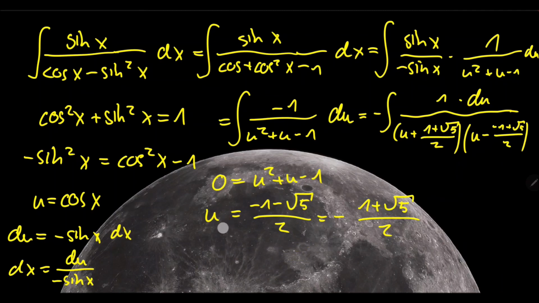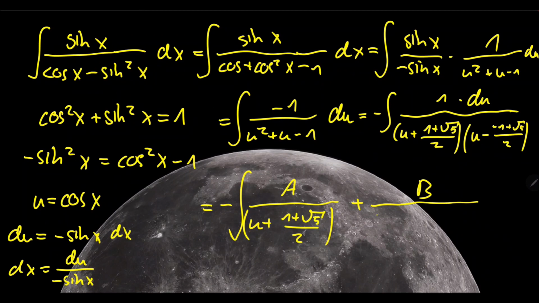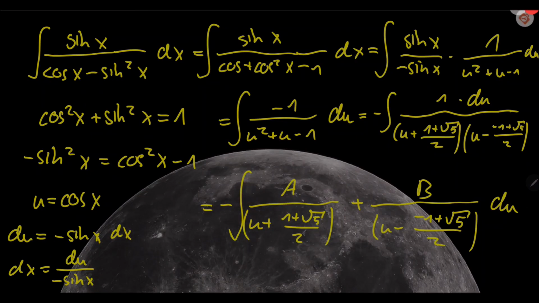Now let's erase this and start doing the partial fraction decomposition. So in general, this will be equal to a over u plus 1 plus the square root of 5 over 2 plus b over u minus 1 plus the square root of 5 over 2 du. And now we need to find out what a and b are.